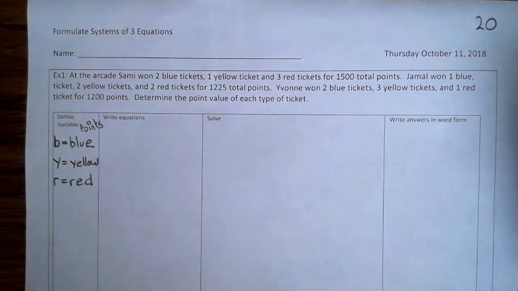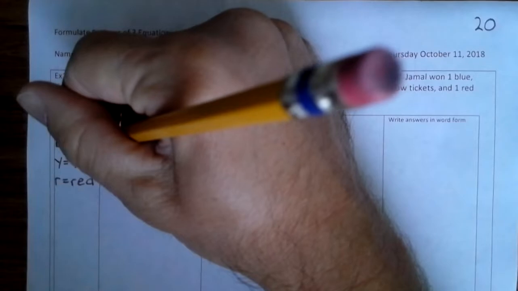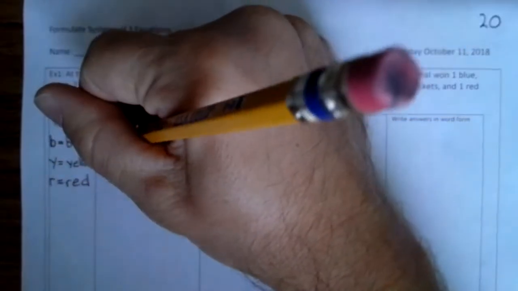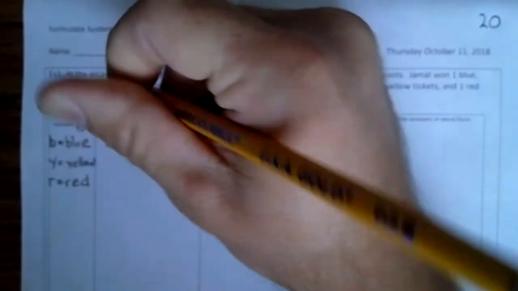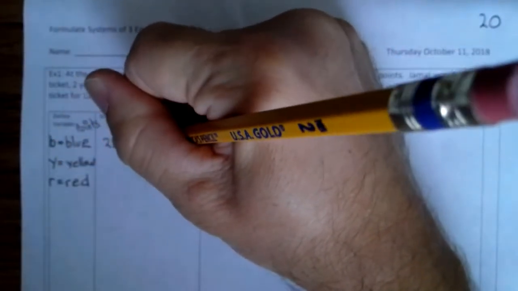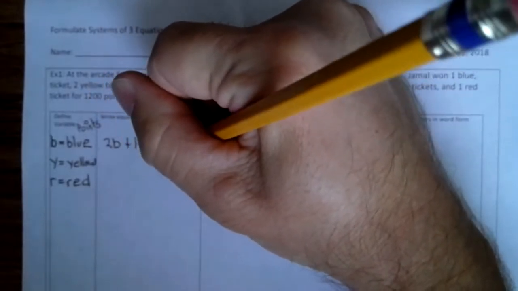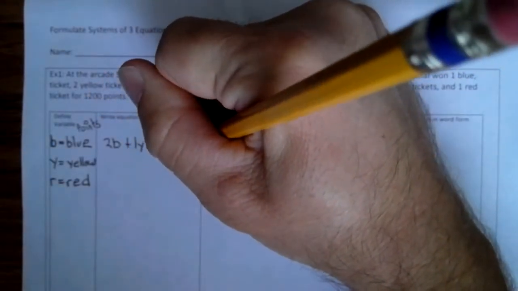Okay, so at the arcade, we see 2 blue tickets plus 1 yellow ticket plus 3 red tickets, and that equals 1,500 points.